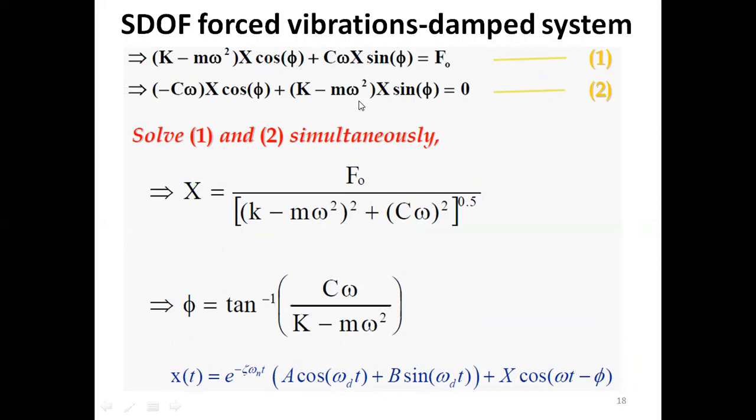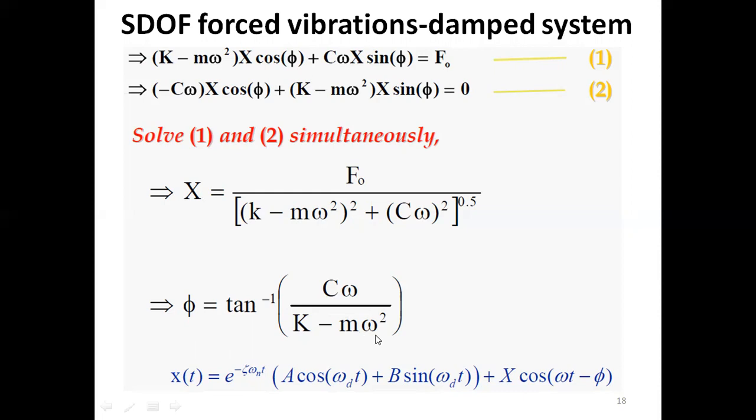In mathematics, if the number of unknowns is equal to the number of equations, then we could solve those two equations for the unknowns. So solving these two equations simultaneously, we would get capital X, the amplitude of the steady state response, as f naught over the square root of (k minus m omega square) whole square plus (c omega) square, and the initial phase phi is equal to tan inverse of c omega by k minus m omega square.